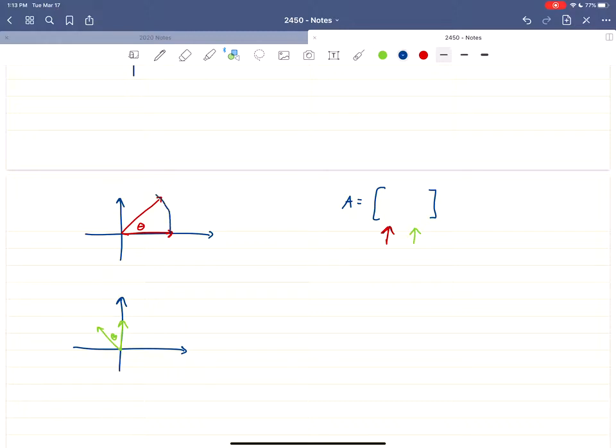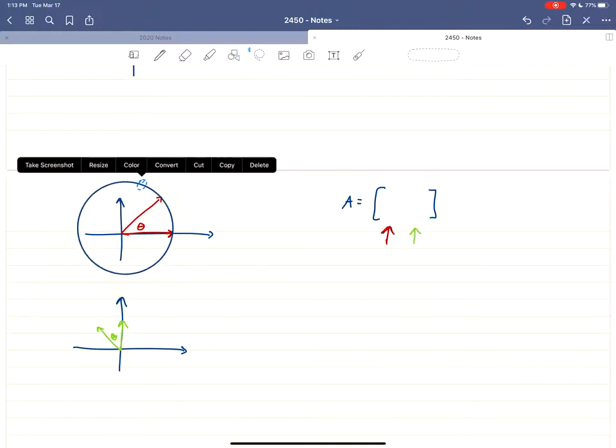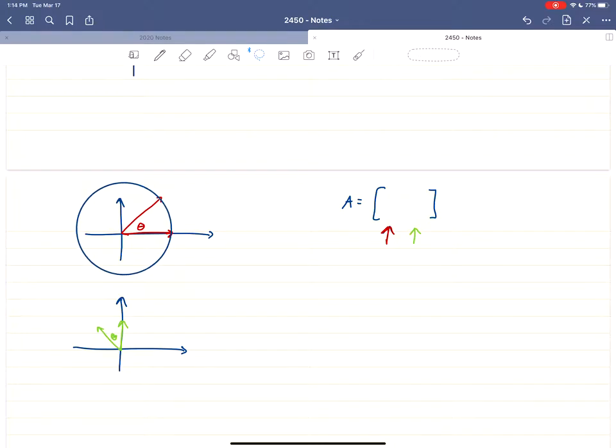Our output vector is going to be some point along the circle centered at the origin of radius 1. Because if all we're doing is rotating, we're fixing the length, and it's just going to move that vector. It starts at the origin, which is the center of the circle, and the tip of the vector is going to move along the circle in a counterclockwise manner. So this is all rotation that happens along a circle.